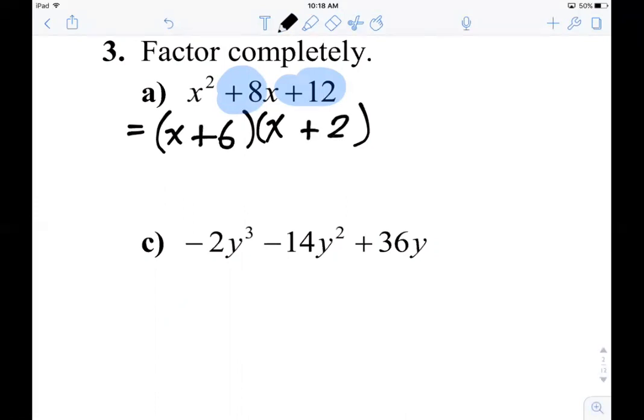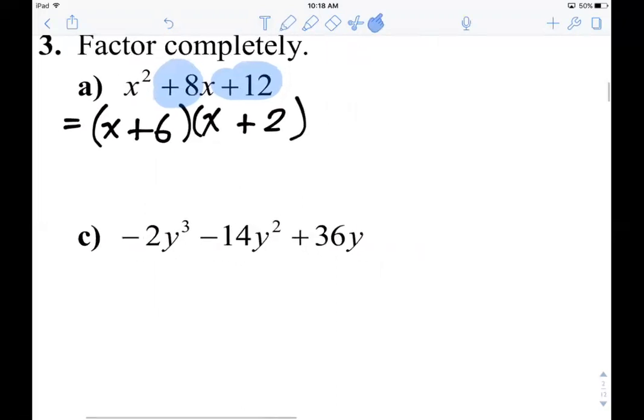So they fit both criteria. That is the factored form of what we originally started with. Again, if you use the skills that we reviewed in our very first lesson, you could expand that out and realize that it's exactly the same trinomial that we started with. We've just written it in a new form as two separate binomial factors.